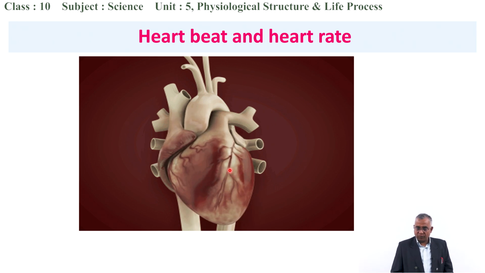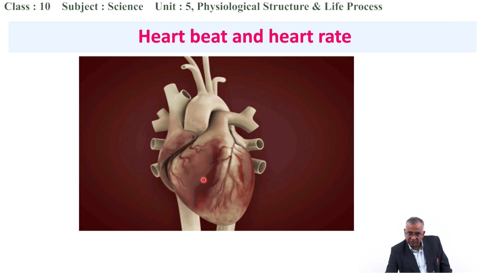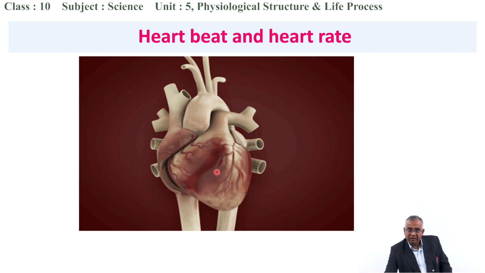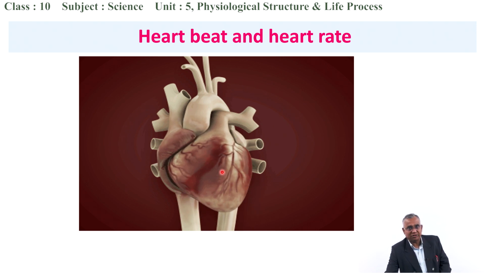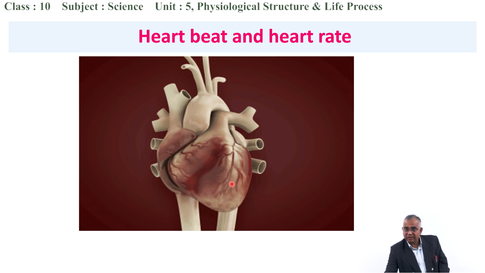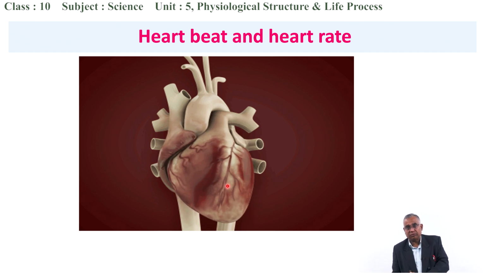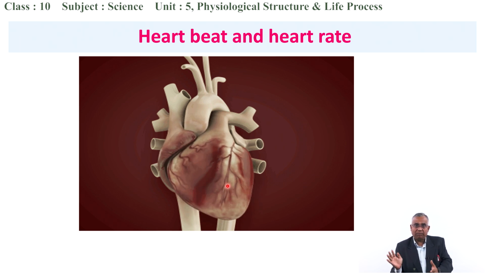Just here you have to find out that when the ventricles contract, they press maximum, then a louder sound is produced. And when they relax, another sound is produced. So that is lub, dub, lub, dub, lub, dub.